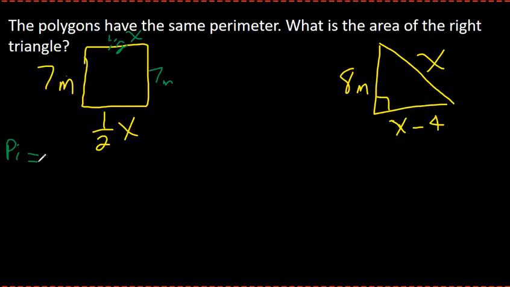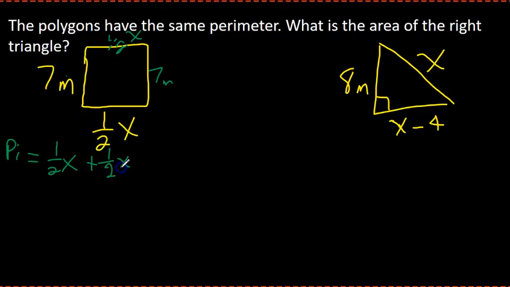Perimeter 1 is going to be 1/2 x plus 1/2 x plus 7 plus 7. Okay, 1/2 plus 1/2 is 1x. 7 plus 7 is 14. So perimeter 1 equals x plus 14.